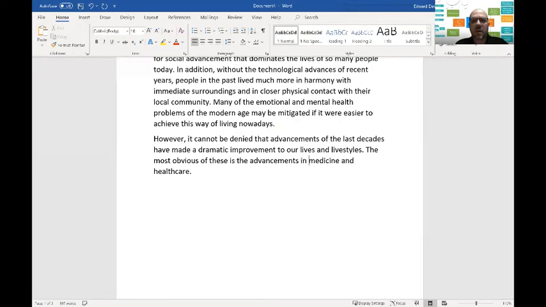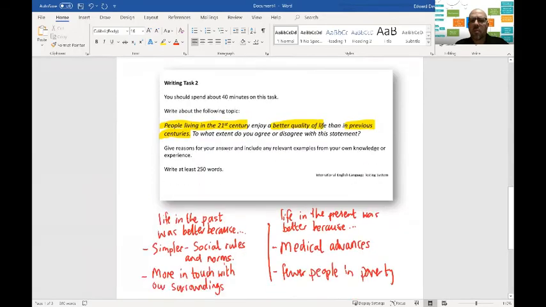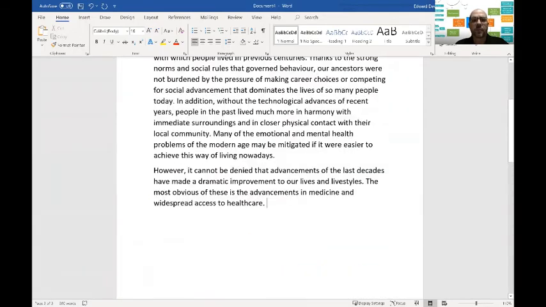Advancements in medicine and healthcare, not to mention the advancements in medicine and widespread access to healthcare. My other argument was, okay.